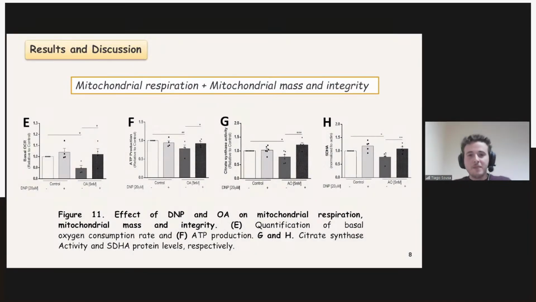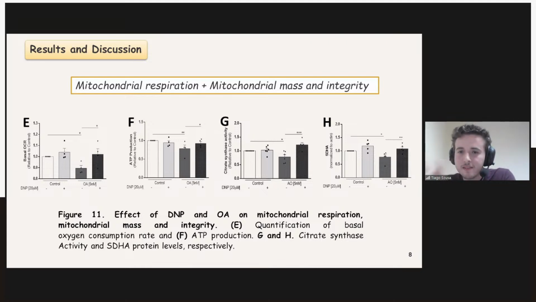You can see now in E and in F, because we used the same machine, the Seahorse apparatus, that the oxygen consumption rate was decreased with oxalic acid, and it was reverted in the presence of DNP. And the ATP production was also reverted.